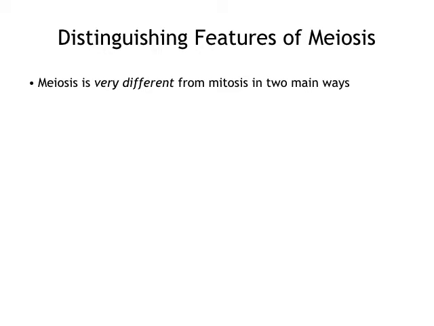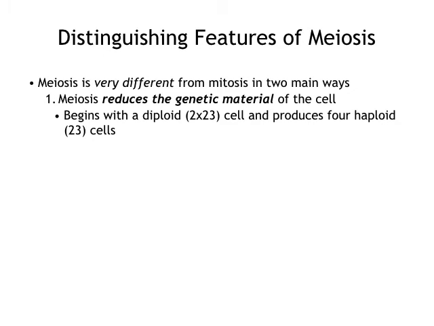So I mentioned already that meiosis is fundamentally different from mitosis in two ways. It reduces the genetic material of the cell. You begin with a diploid cell, two sets of encyclopedias, two sets of 23 chromosomes, and you produce four haploid cells, cells that only have one set of encyclopedias.